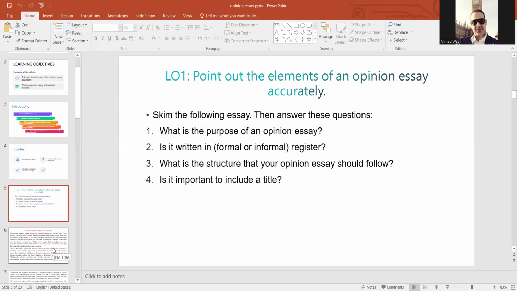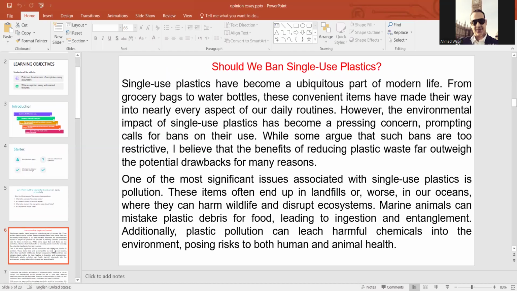So the second type of essay today is the opinion essay. Let's have a look at an example. Let's agree that we need 6 paragraphs in all our essays. Before, we've discussed for and against: introduction, two for, two against, and a conclusion.